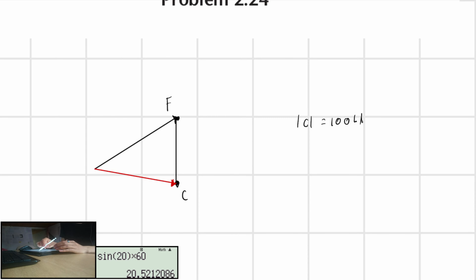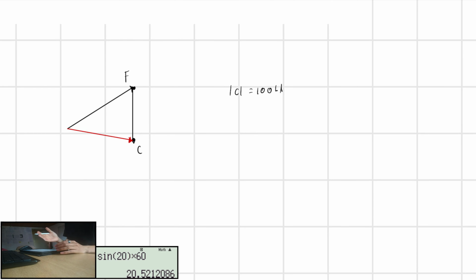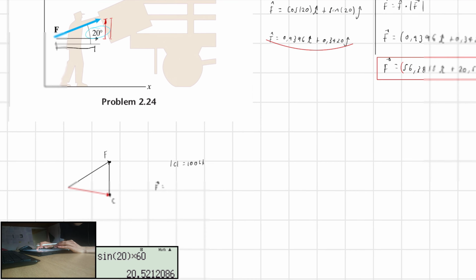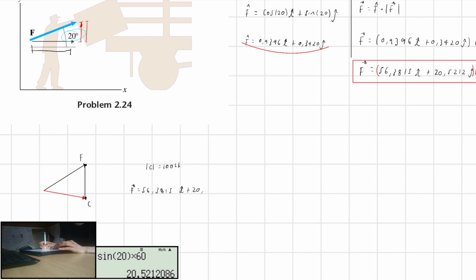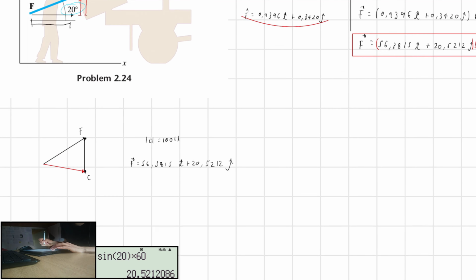Alright, so this is graphically speaking, but we can do it with the components of the vectors. I'm going to write down once again the vector f. The vector f is 56.3815 in the i direction plus 20.5212 in the j direction.